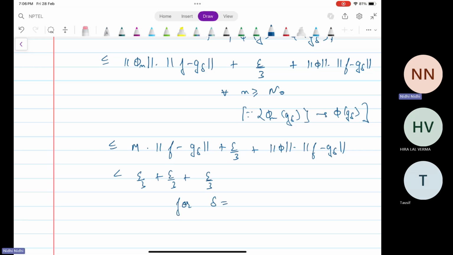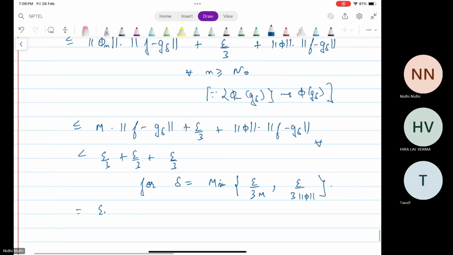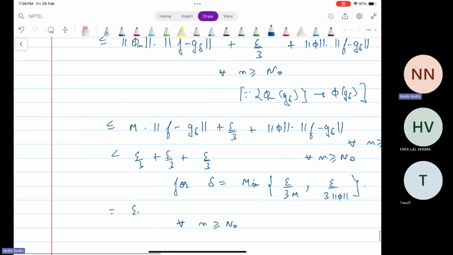Now we know that norm f minus g delta is strictly less than delta. So I can make it less than epsilon by 3 plus epsilon by 3 plus epsilon by 3 by taking delta to be equal to the minimum of epsilon by 3M and epsilon by 3 norm phi, which is equal to epsilon for all n greater than or equal to n naught.